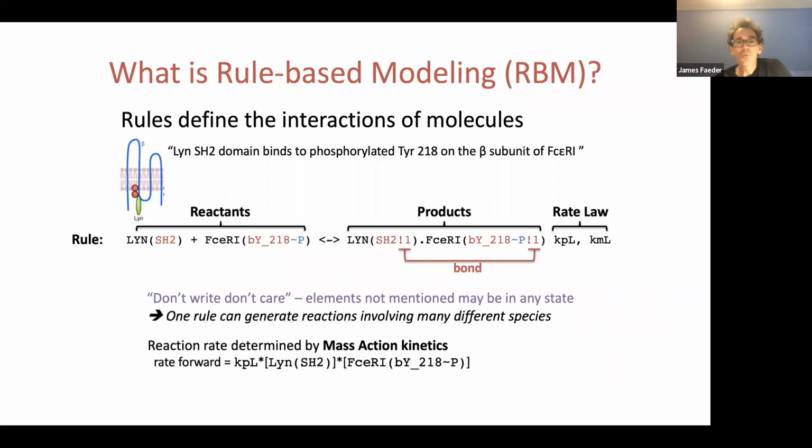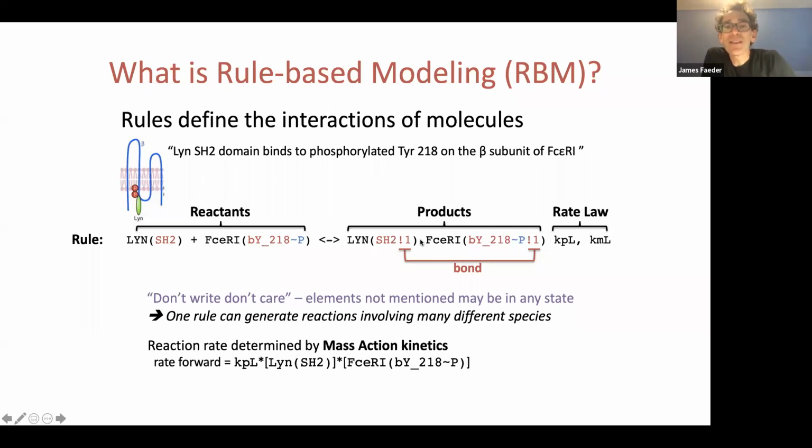So this don't write, don't care is part of what makes rule-based modeling a very concise way to describe a system. It's not making any additional assumptions about what properties the reactants must have. So each rule can generate a large number of different reactions involving many different species. Hopefully this will start to make some sense. We'll give some more examples of that going forward.